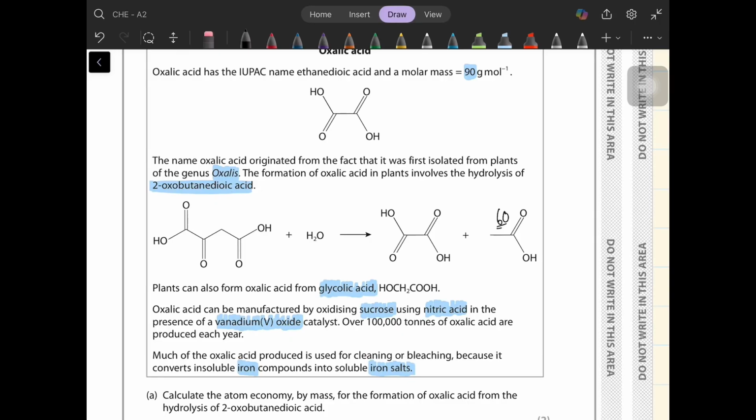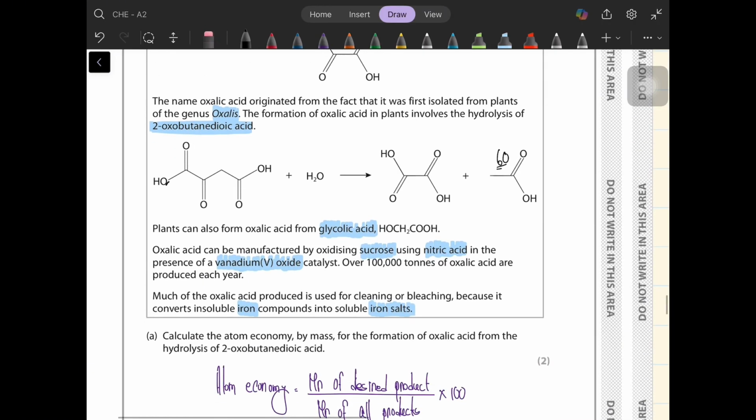Okay. The formation of oxalic acid in plants involves the hydrolysis of 2-oxo-butene-dioic acid, a dicarboxylic acid, with water to form this and this ethane-dioic acid, okay. And the other thing, plants can form oxalic acid from glycolic acid, okay.